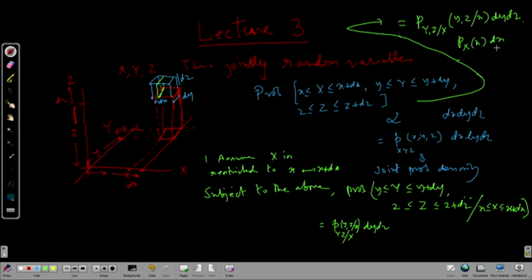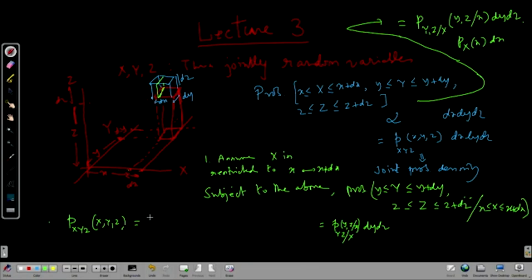So, if I now equate the two, we get this relation for the joint density, because dx, dy, dz are common on both sides and they are positive. So, you can take them common.